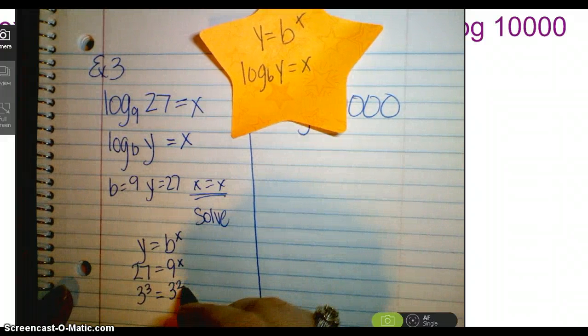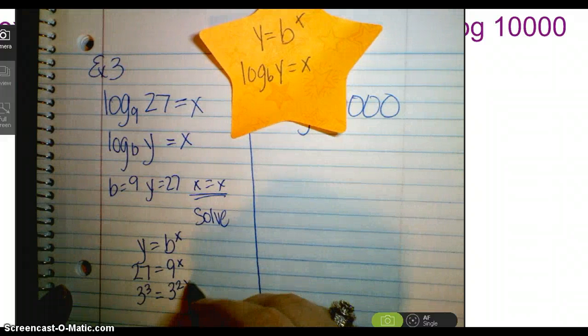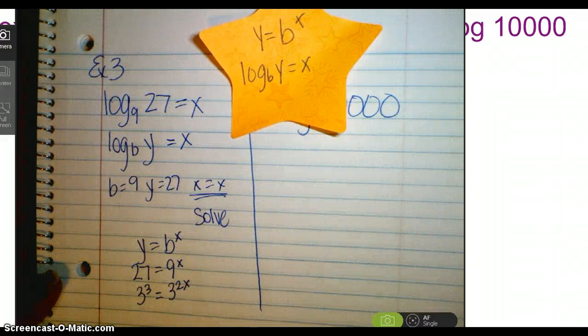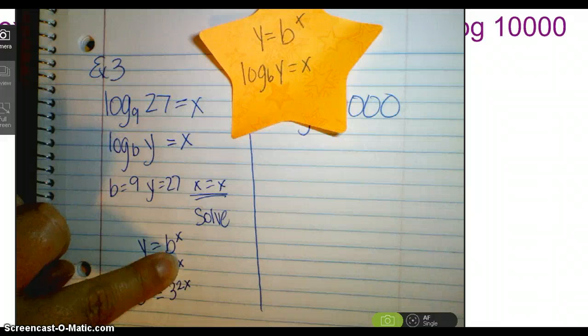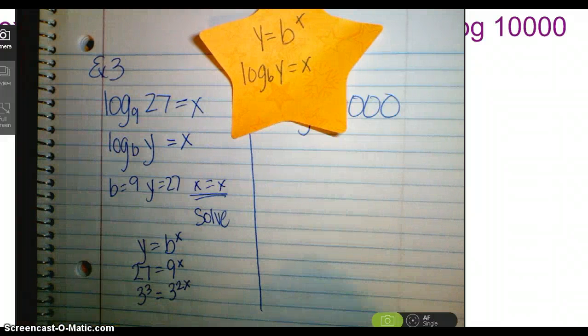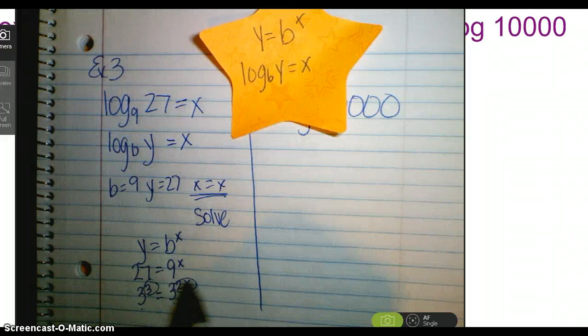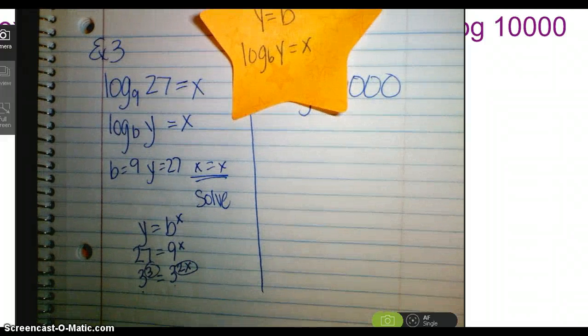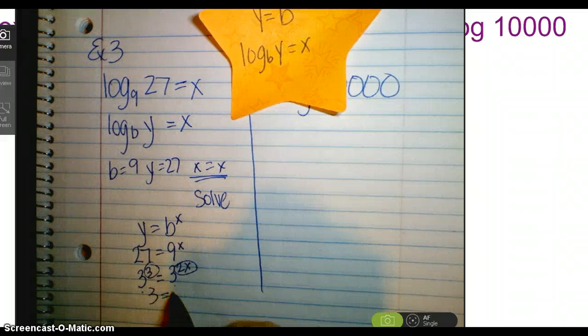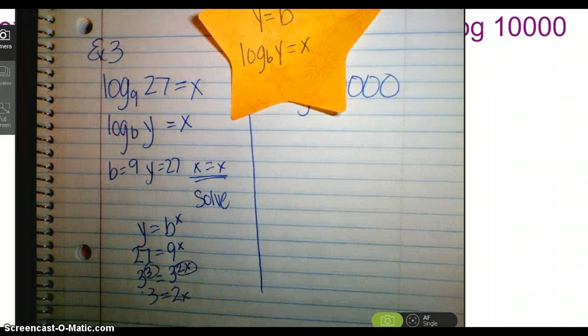So 9 is 3 squared, and I'm going to add that x here, because x was already in the exponential part. On this one, if the bases are both 3, that means these exponents are going to have to equal each other, which means 3 is going to have to equal 2x.